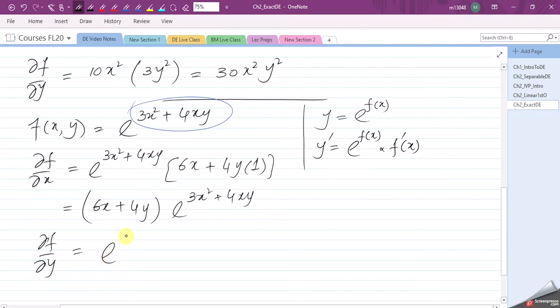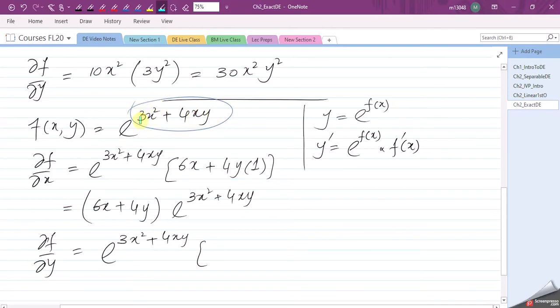Right, I hope you have tried it. e to the power 3x square plus 4xy stays as it is, and now we are going to do partial by partial y of this thing. We are calculating partial by partial y, so x will be treated as constant.